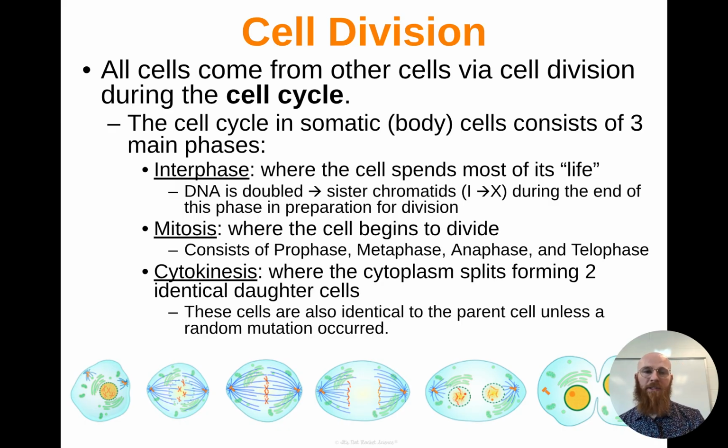And this cell cycle consists of three main phases. Interphase, which is where we basically copy DNA and then we prepare for division. The actual process of division, which is mitosis. And then cytokinesis, where we basically split the last of that fluid inside of our cells, that cytoplasm, into what will then be two identical daughter cells.